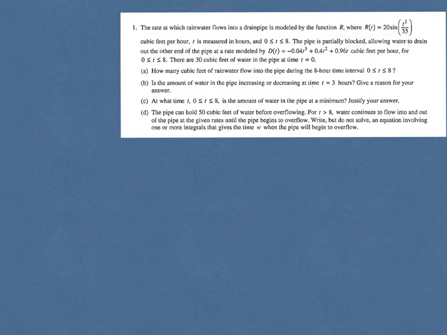Because this is a closed interval, 0 to 8, you have to keep in mind the endpoints, but you also have to look at other critical values, any place where the derivative of the amount of water in the pipe is equal to 0 or undefined.